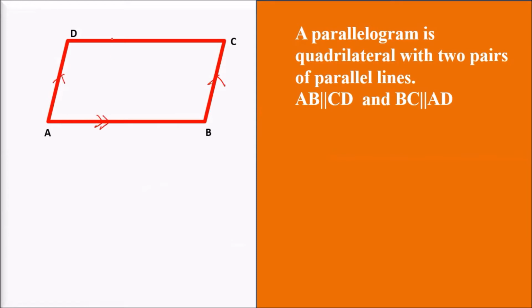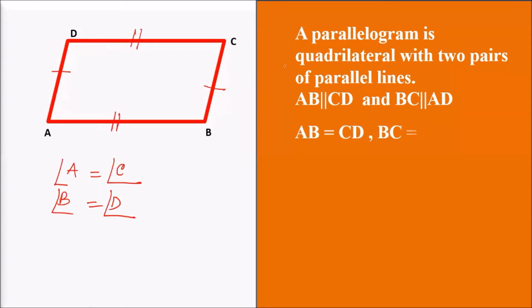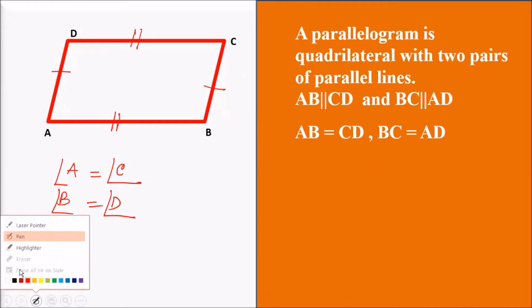This is the symbol to show parallel. Both pairs of opposite sides are parallel in a parallelogram. Now here another property is there. The opposite sides are equal and opposite angles are also equal.